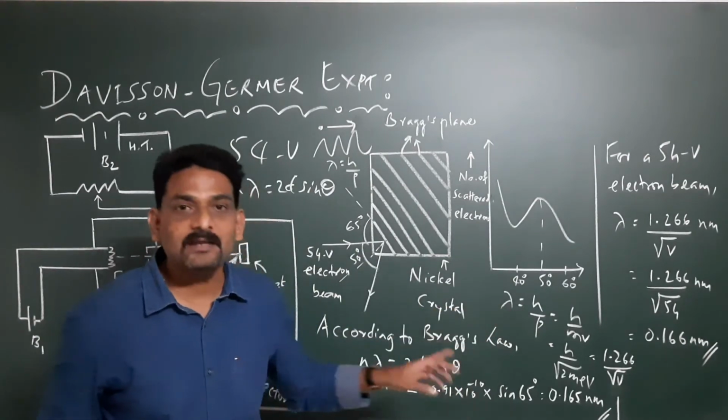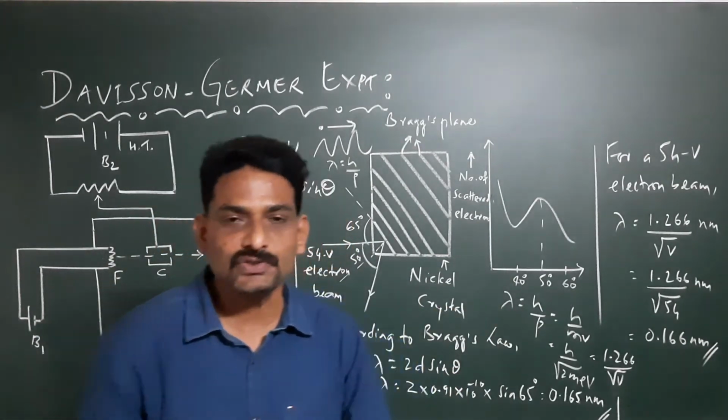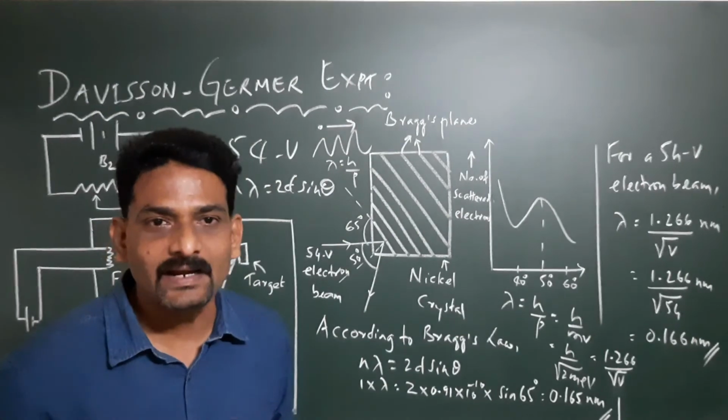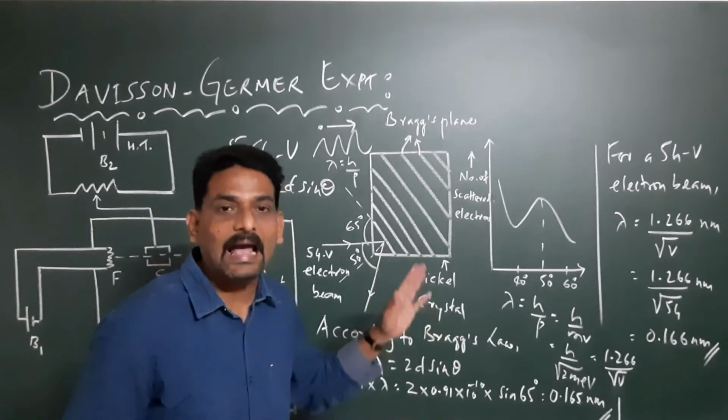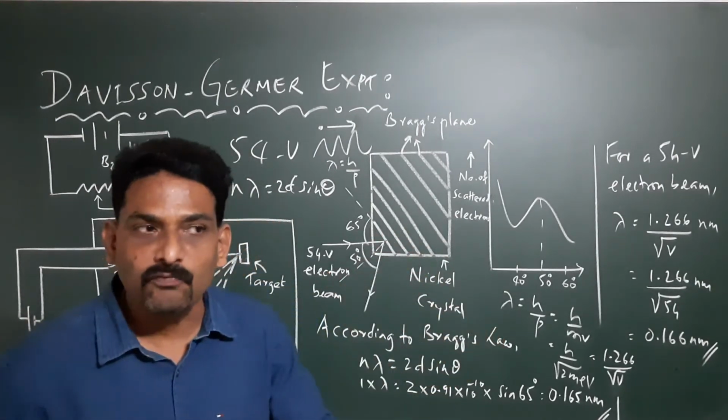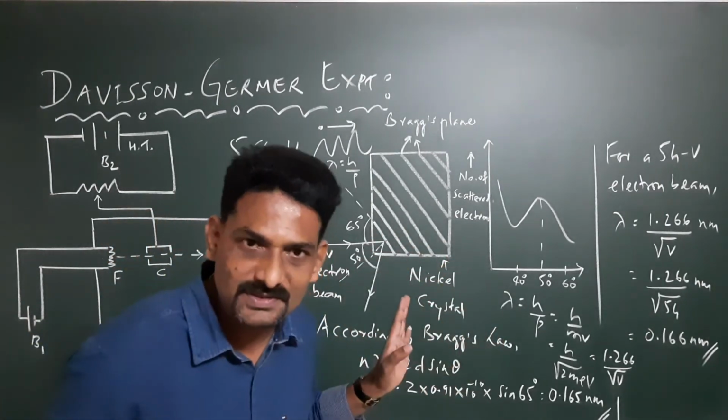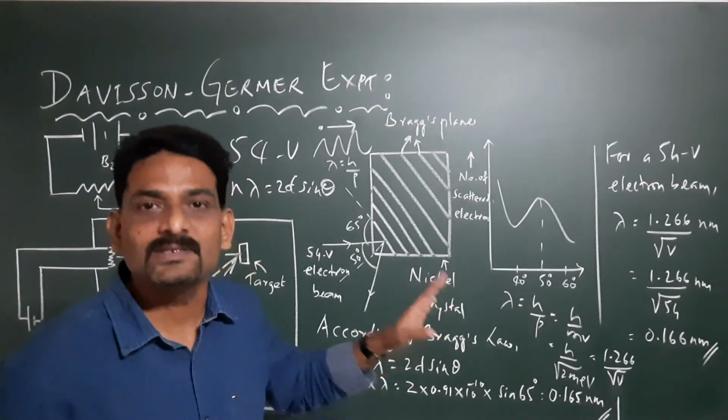So this agreement clearly shows that whatever de Broglie has said is correct. In other words, this becomes an experimental proof for the de Broglie hypothesis.